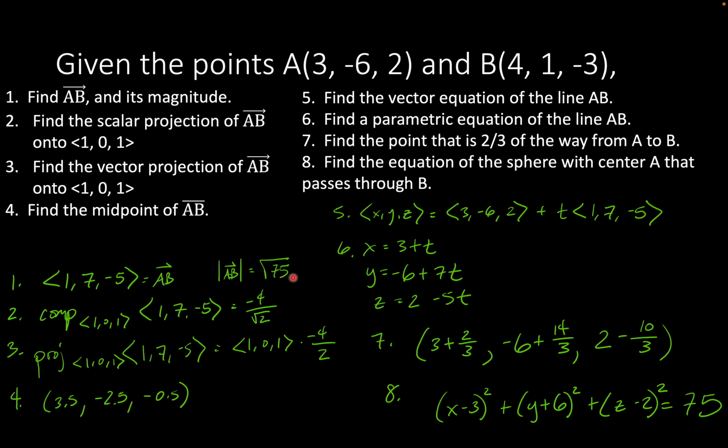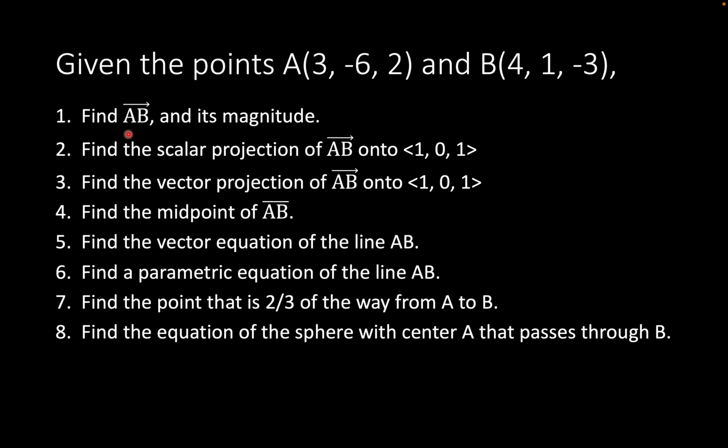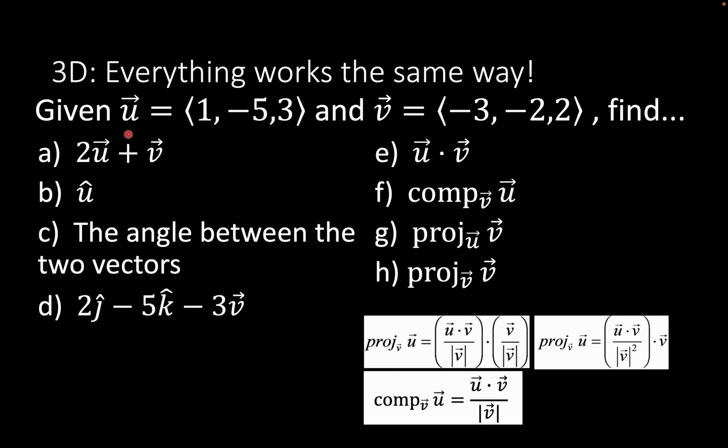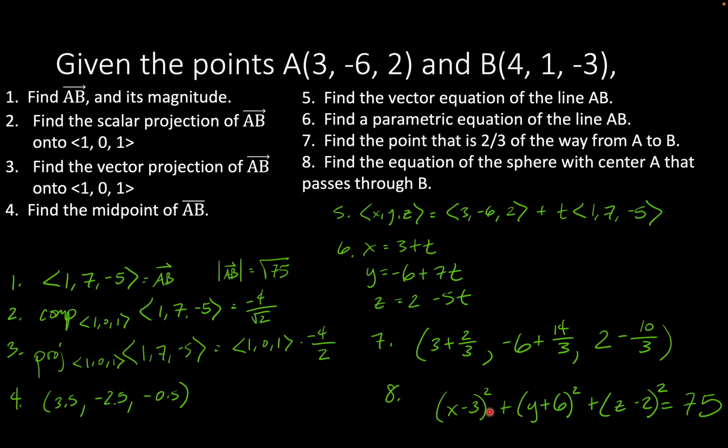In part 2, we are asked to find the scalar projection of the vector AB onto 1, 0, 1. So here we are going to be using the same equations that we've learned before. Reminder, the equation for scalar projection is just dot product divided by magnitude of the vector we project onto.